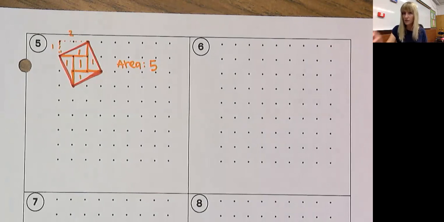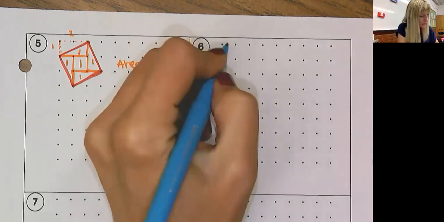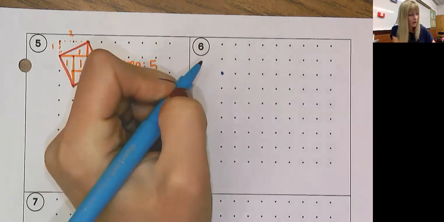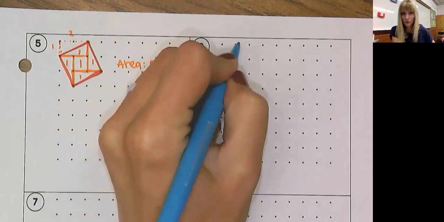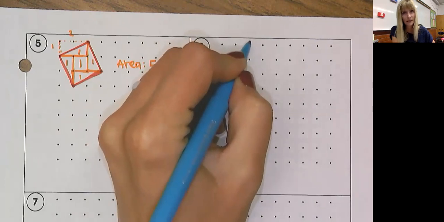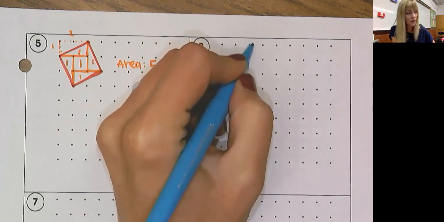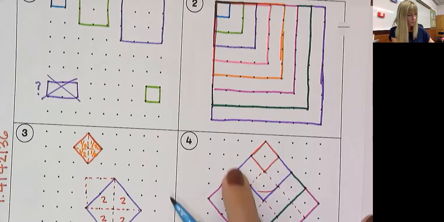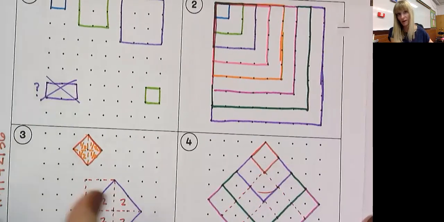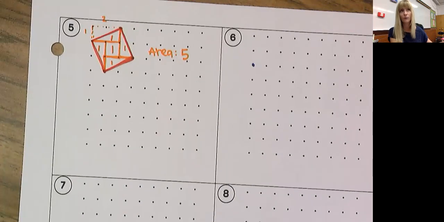What if I start here, and I go up 2. Now, if I go up 2 over 2, you should realize quickly that that's actually a square we already have. Up 2 over 2 is actually this purple square right here. That would not be unique. We already have everything that goes up 1 over 1, up 2 over 2, up 3 over 3. We already have all of those.